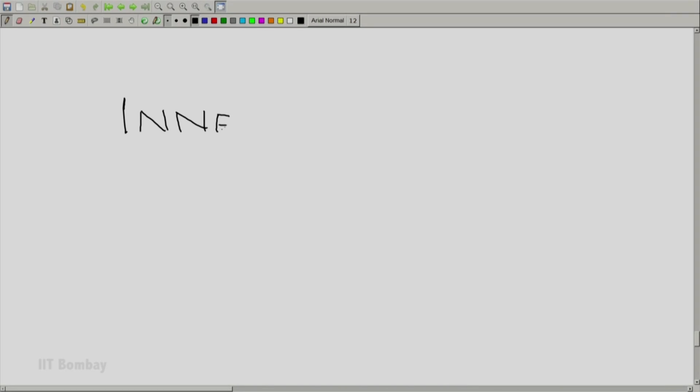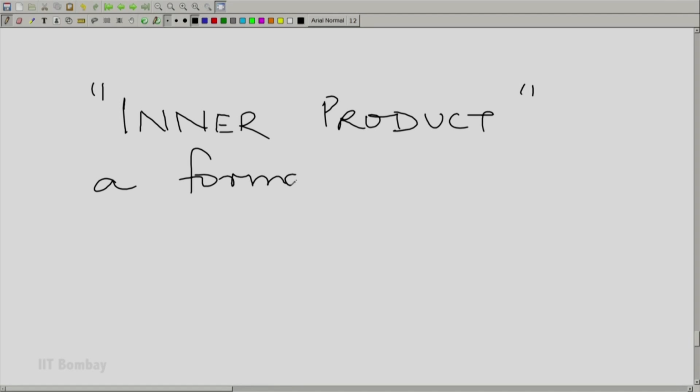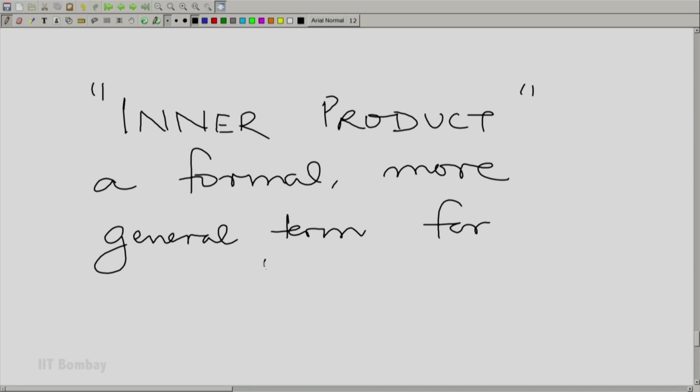Now, in college we would like to use slightly more formal terms, which also mean the same notion in a more generic context, and therefore, we will use the term inner product. So, we use the term inner product for dot product henceforth. It is the formal, or more general, term for dot product.